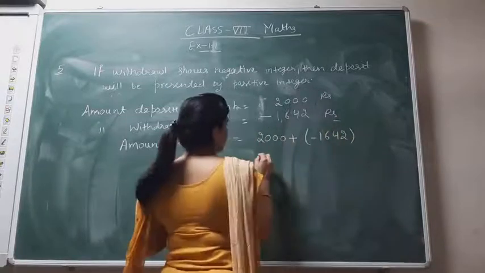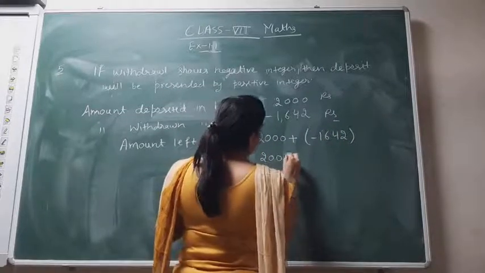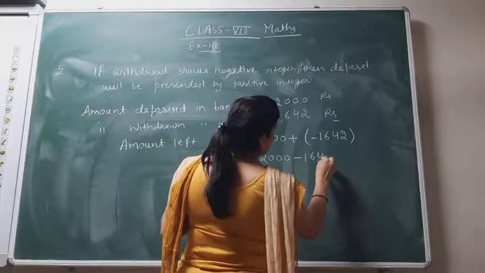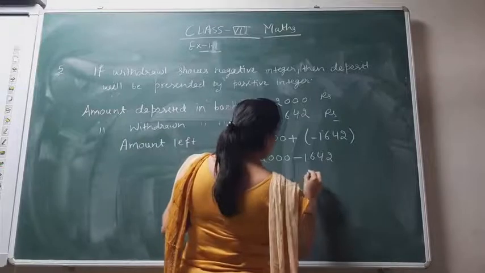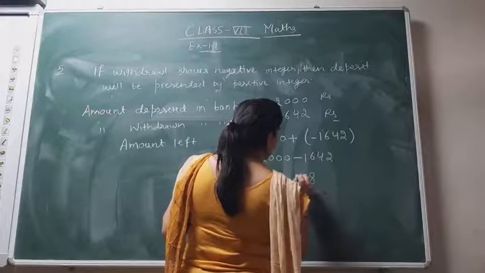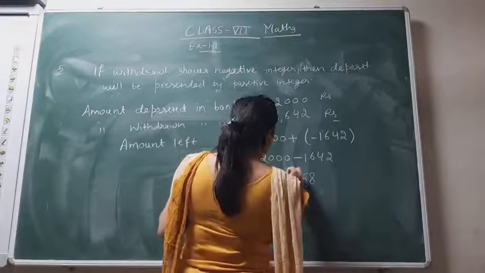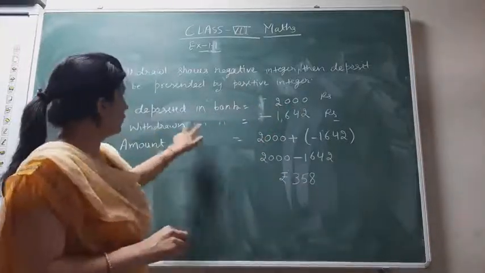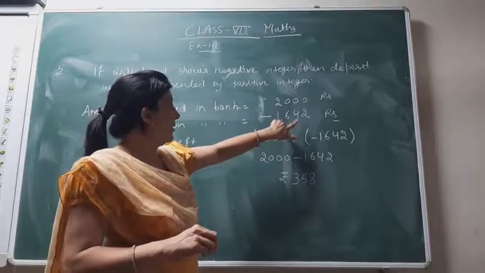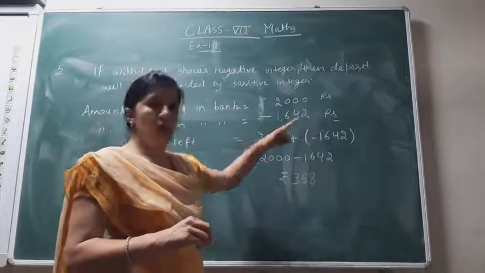So we will subtract this, minus 1,642. When we subtract this, it is 18,358 rupees. Amount deposited 20,000 rupees. Amount withdrawn minus 1,642 rupees.